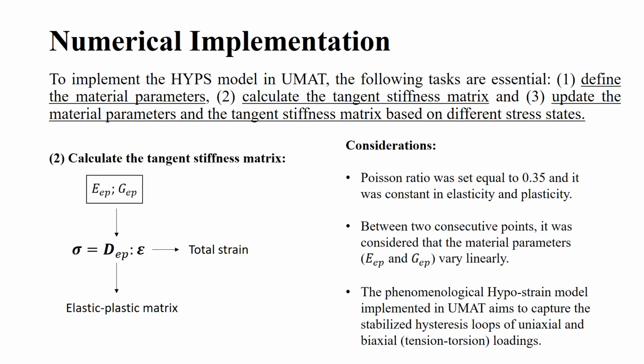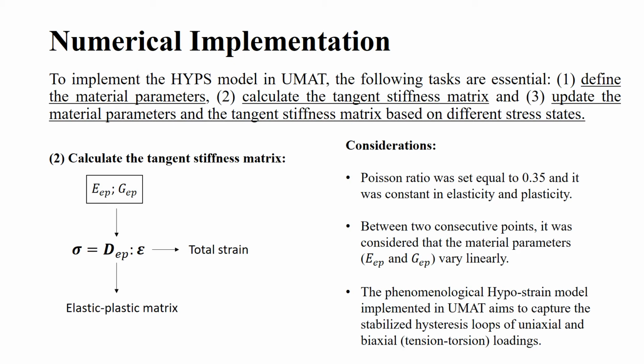The second step is to define the tangent stiffness matrix in the Abaqus subroutine. The two material parameters are used to calculate the elastic-plastic matrix. However, to define the elastic-plastic matrix, some considerations were made. Poisson's ratio was set equal to 0.35.